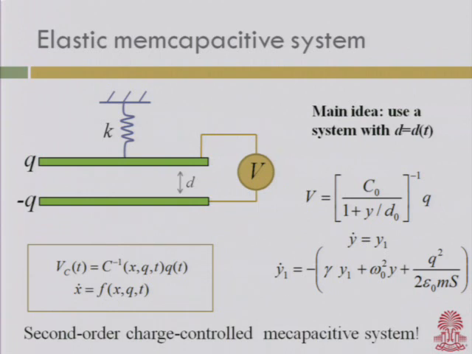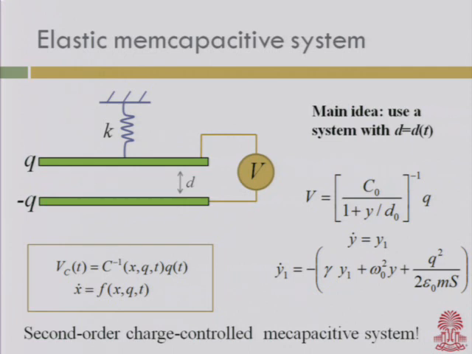Here is the expression for capacitance, and the parameter y gives us the displacement of the top plate from the non-charged position. It changes according to a second order differential equation. We can also put in some dissipation, parameter gamma, and this term describes just the attraction between the plates.